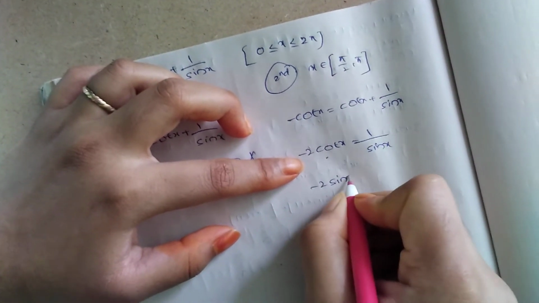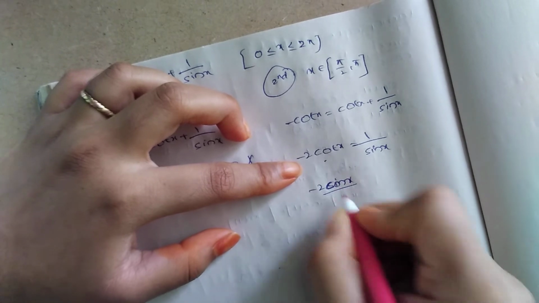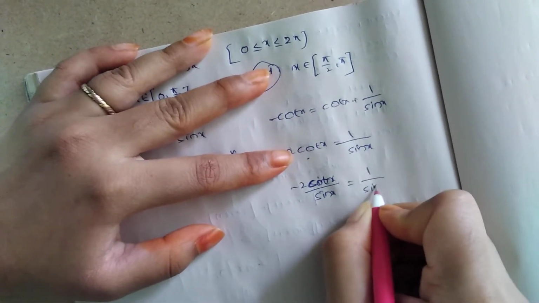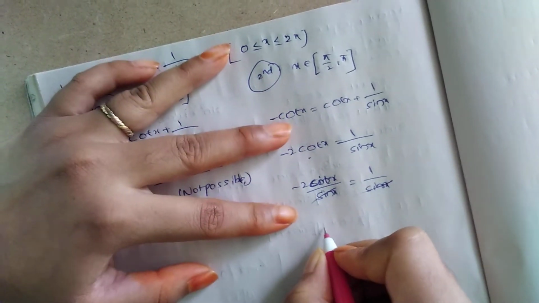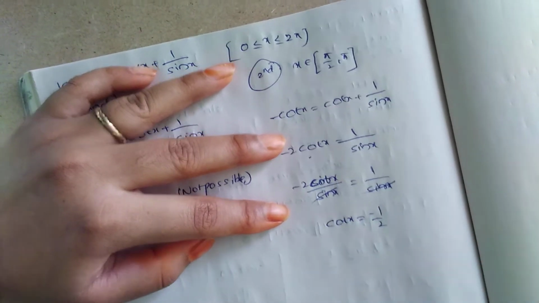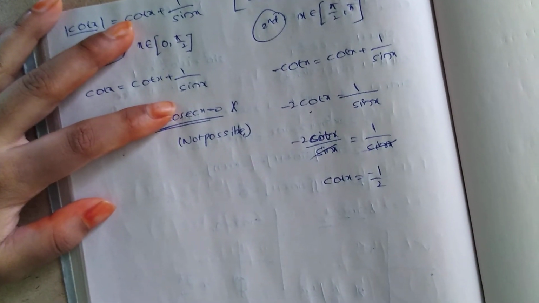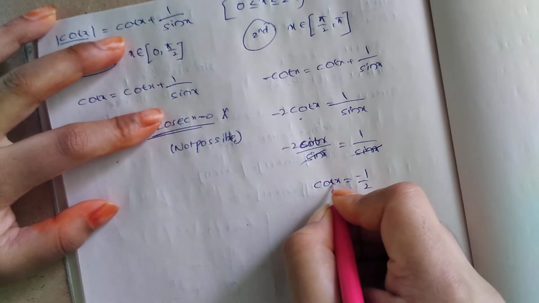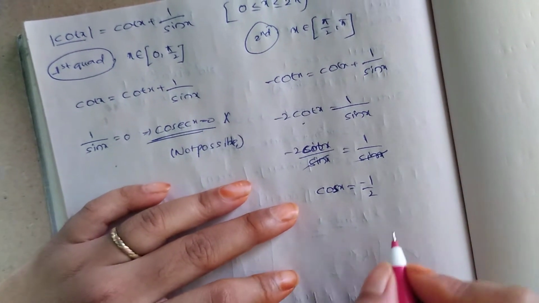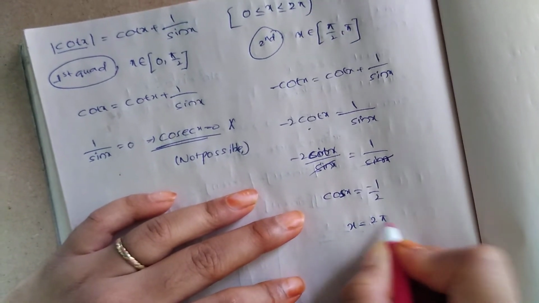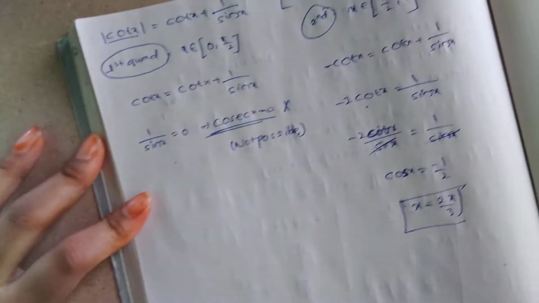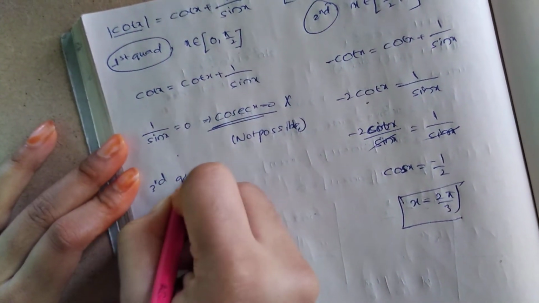Minus 2 cos x by sin x is equal to 1 by sin x. Cancel. So what will be the value of cos x? Minus 1 by 2. Well, is it minus 1 by 2? Yes. Cos. When is it minus 1 by 2? Is the question. When will it be minus 1 by 2? When x is equal to 2 pi by 3. Yes or no? Yes.